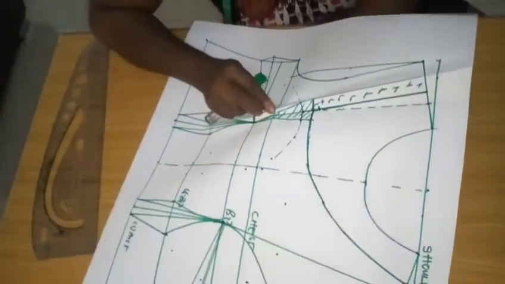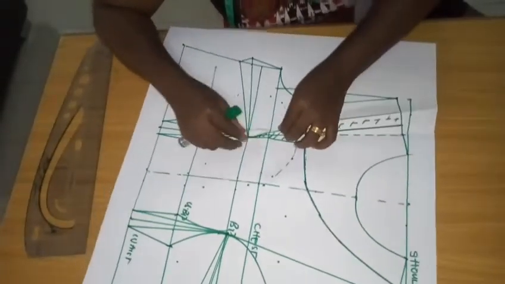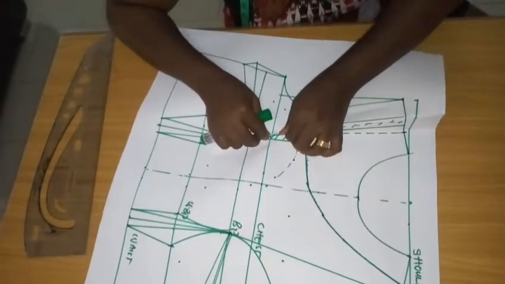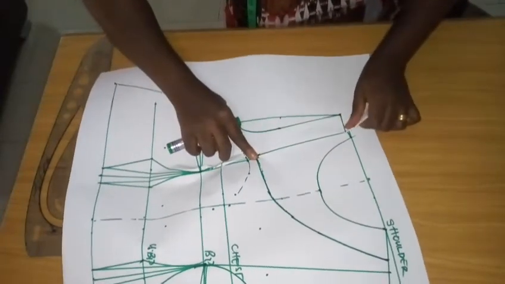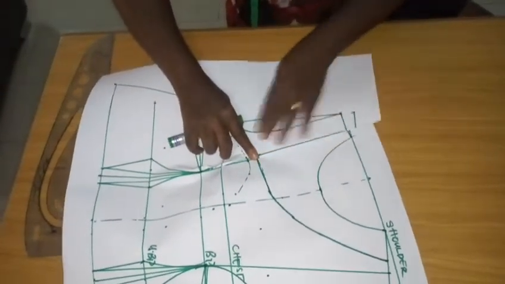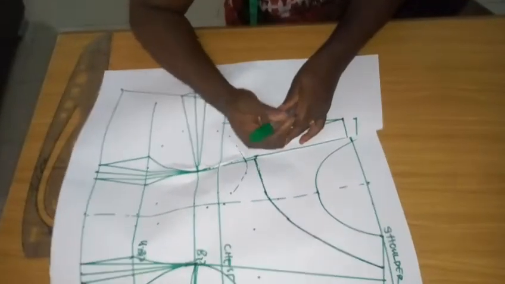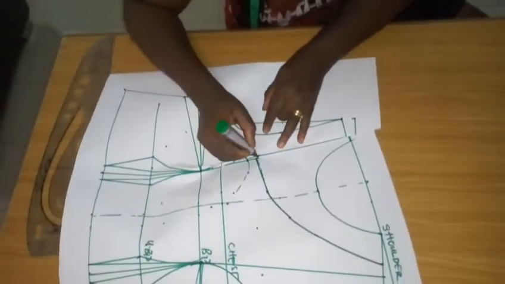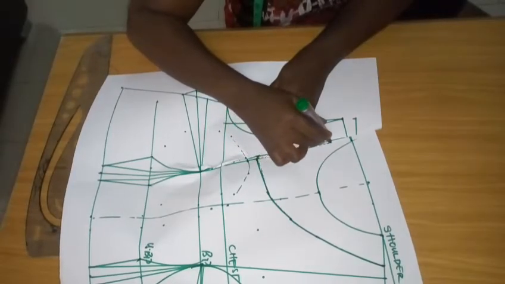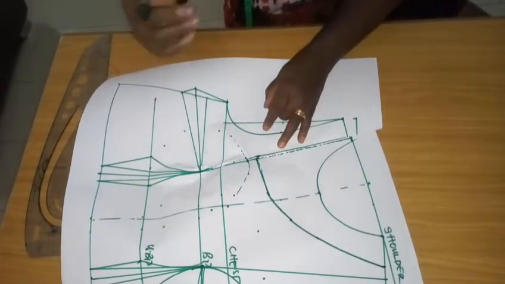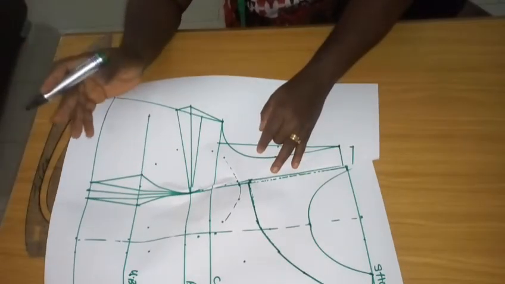So I'm going to kiss it, this dart, pretending closing my bust here. So once that is done, this is what you are going to have. Okay, so I would want to use my dotted line again to show you the shortage that needs to be replaced. Okay, so you should know when to replace and when not to replace your pattern.